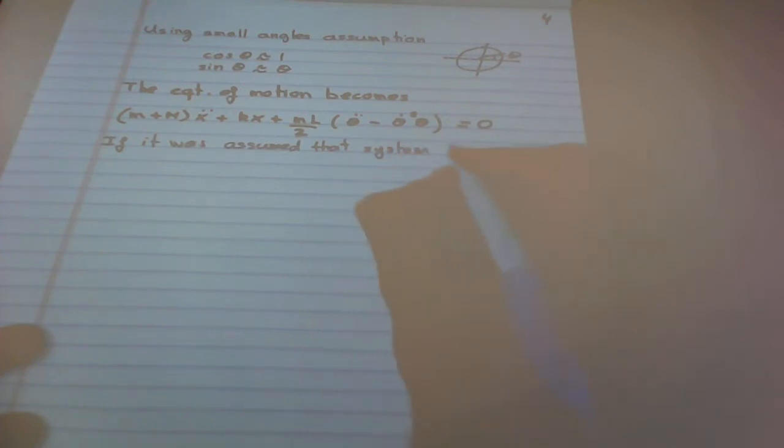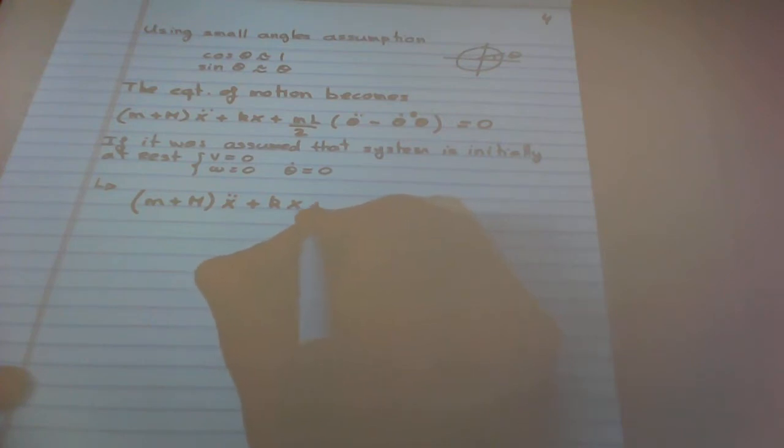Then let's do some simplification. Assume that the system is initially at rest, what does that mean? That the velocities are 0, no?